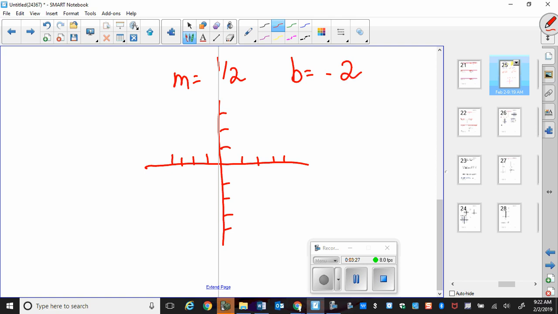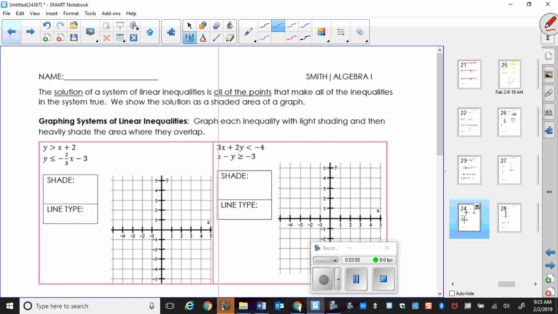So the first thing we do is we graph the y-intercept. And then we go up 1, right 2. Up 1, right 2. And we continue on until we have that straight line, and we're able to graph our line. A little bit crooked, but it works.